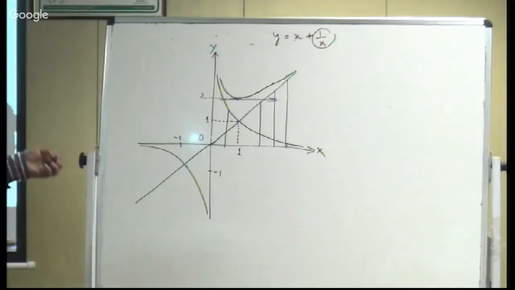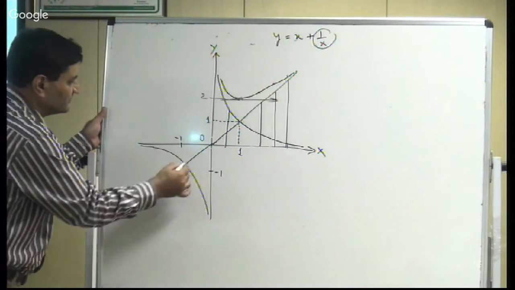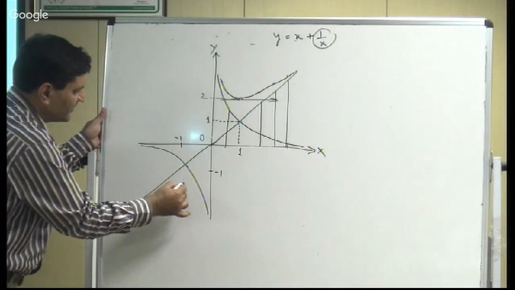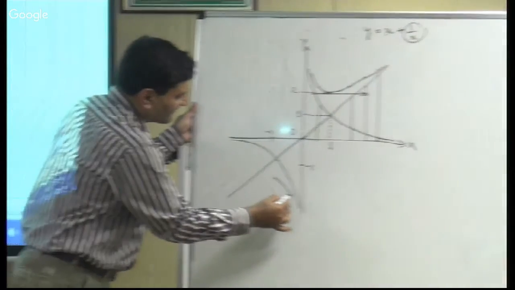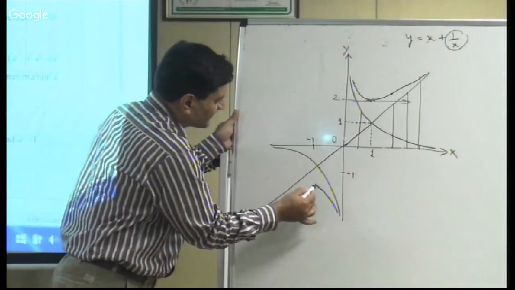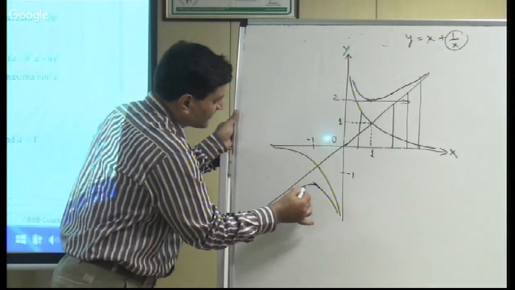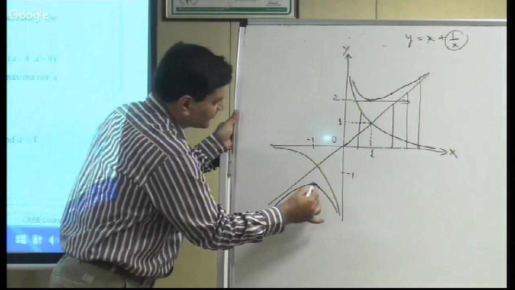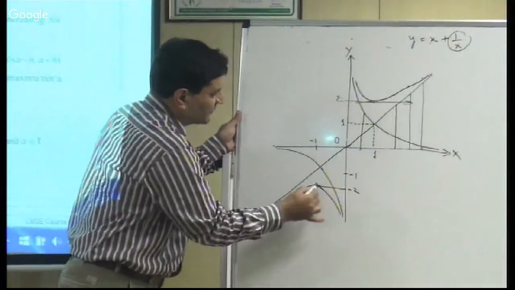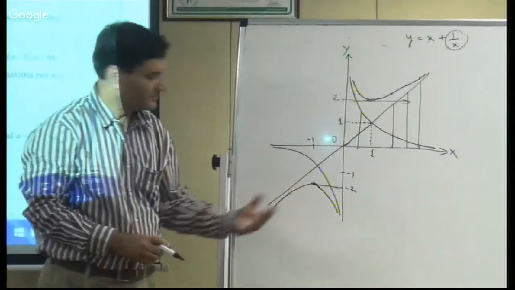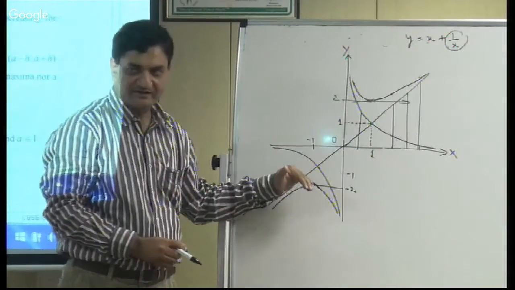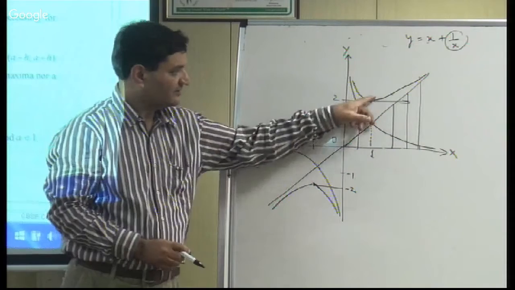Now similarly, what will be the sum of these two? It will pass from this point, right? The shape will be like this. So this is -2, and this is the point of local maximum. See the curvature. What is this curve?